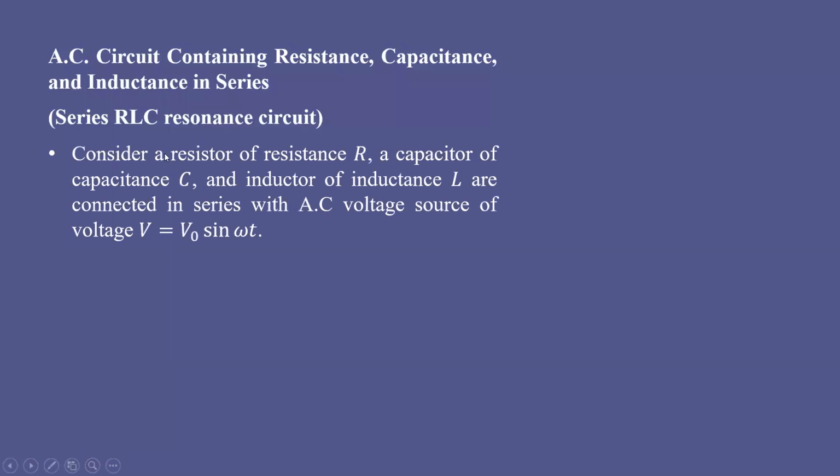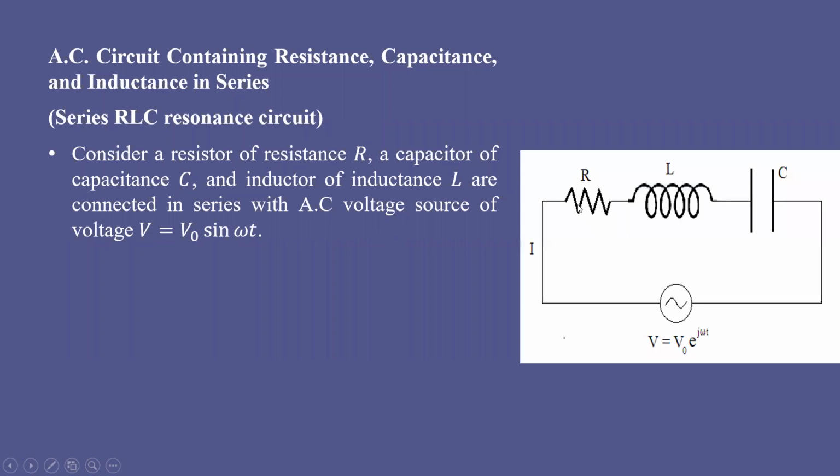So consider a resistor of resistance R, a capacitor of capacitance C, and an inductor of inductance L connected in series with an AC voltage source of V equal to V naught sin omega t. So we'll connect a circuit containing a resistor, inductor, and a capacitance in series, RLC, connected in series.